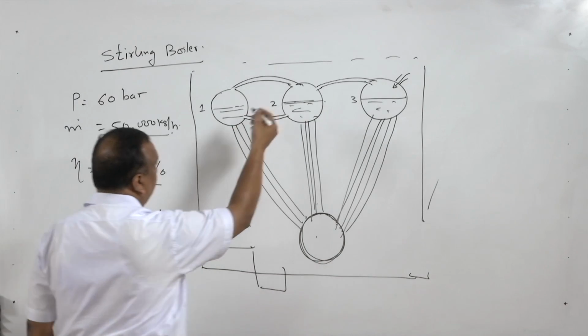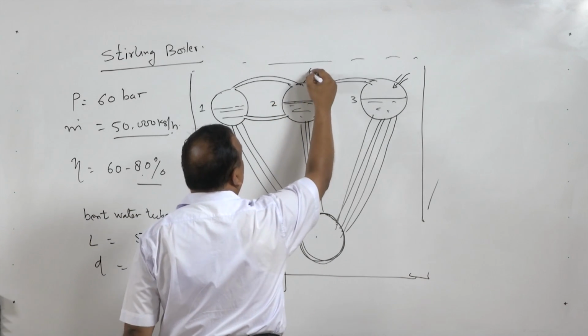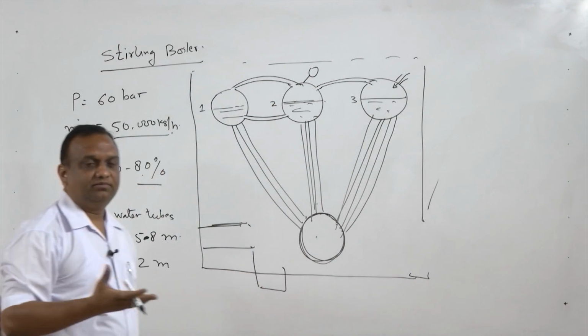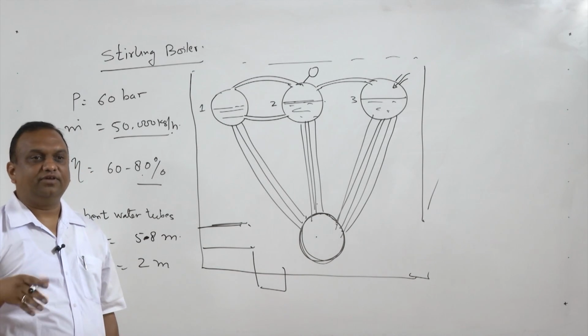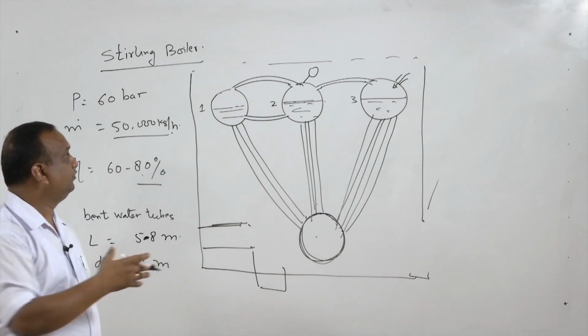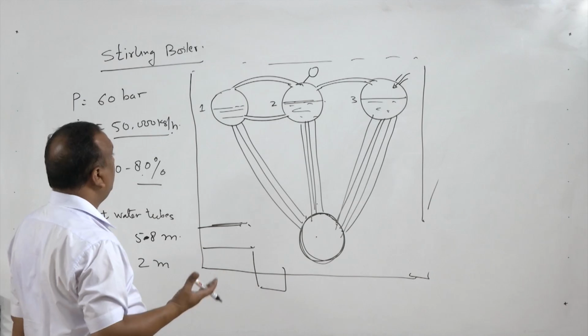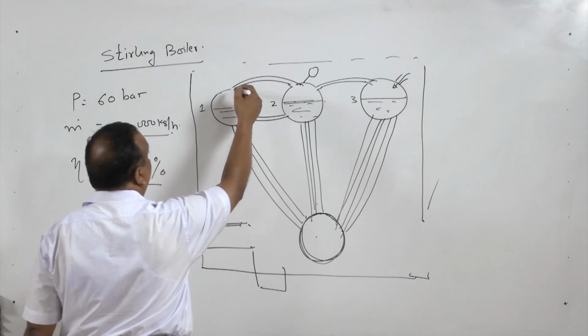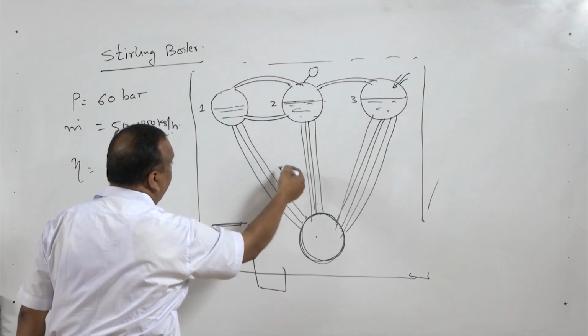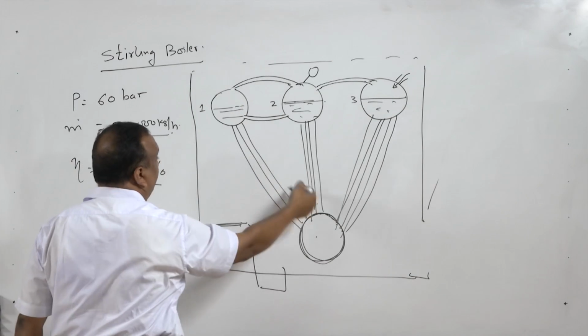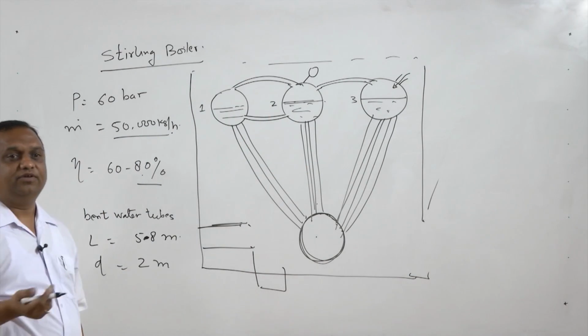Now these drums have mountings like pressure gauge, water level indicator, safety valve, and steam stop valve to supply the steam. Now if you want to superheat the steam, then simply take steam from here in a pipe and circulate it again through this space, right? So the steam will get superheated.